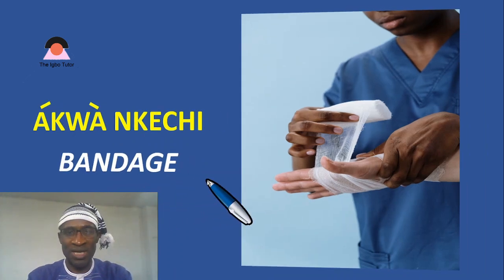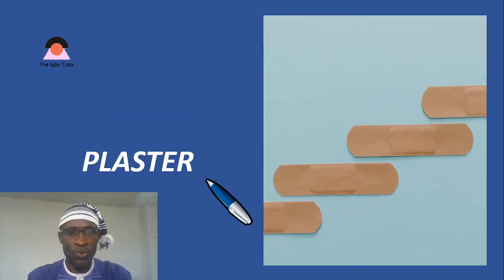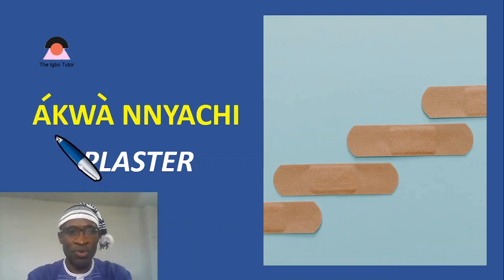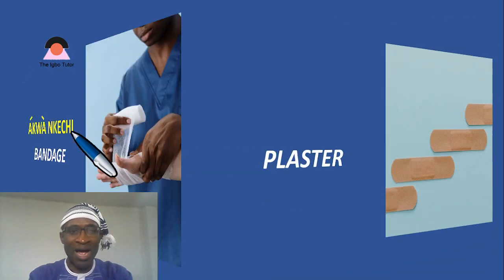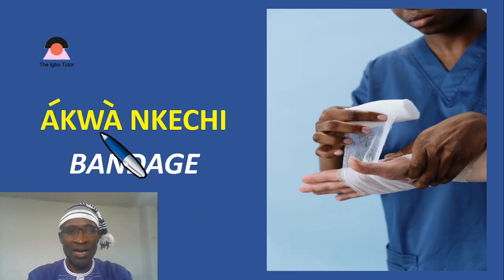Let's move on to the next term. And what do we have here? We have plaster. What is this in Igbo? We call it akwa nyachi. Of course, you can see that the first one, if you remember, is also akwa. This is akwa nkechi.